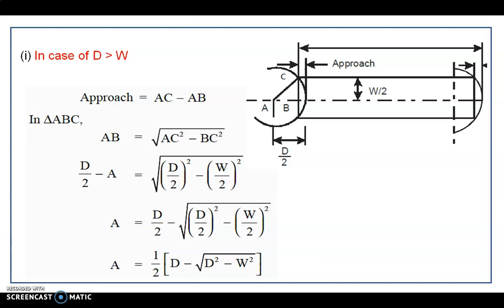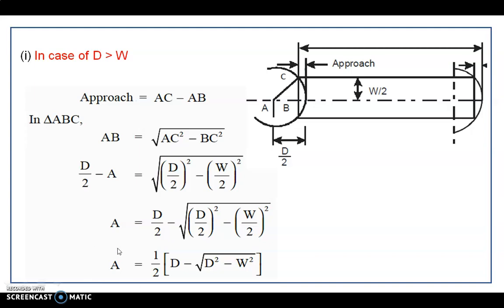When you solve for AB, the equation would be: AB equals square root of AC squared minus BC squared. AB is nothing but radius minus A. A is the approach distance. D by 2 is the radius. D by 2 minus A equals square root of D by 2 the whole square minus W by 2 the whole square.